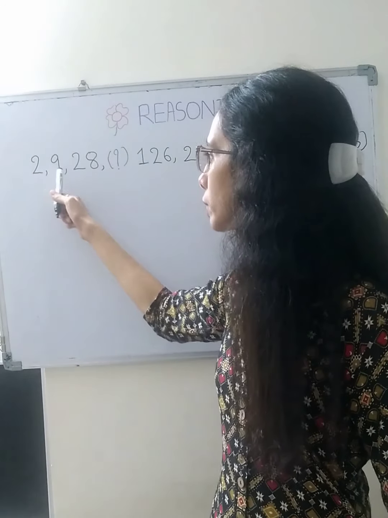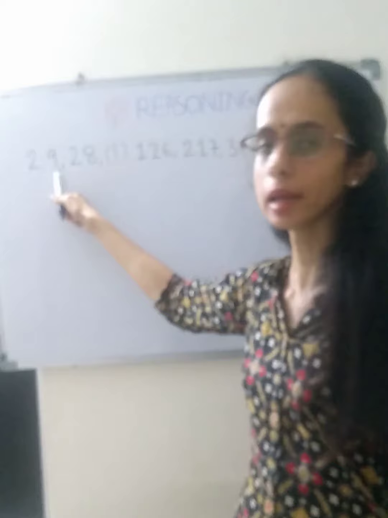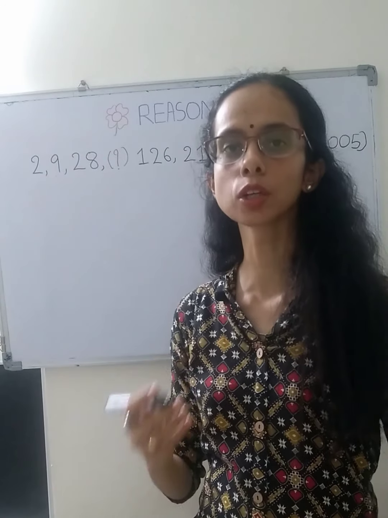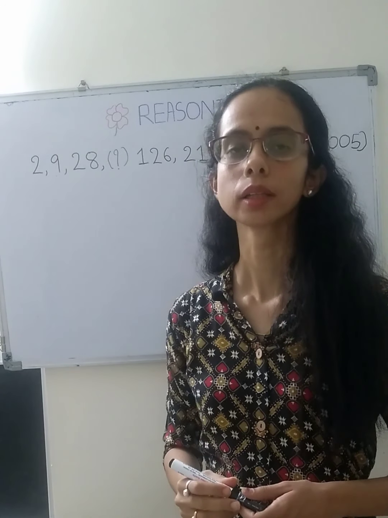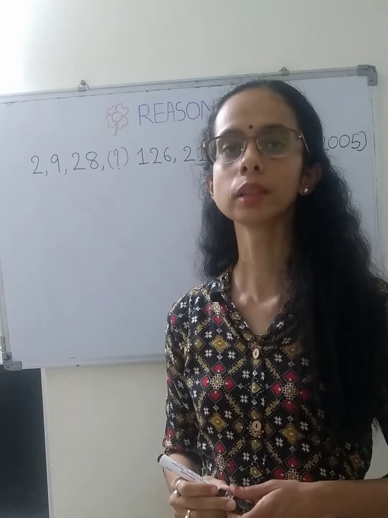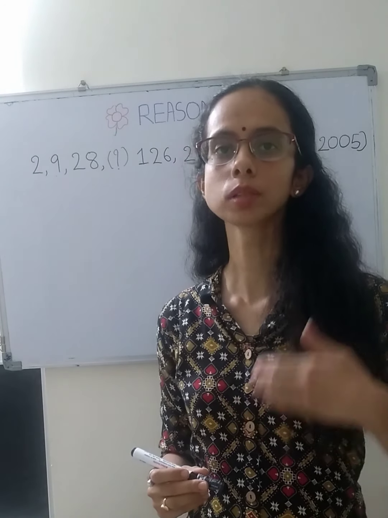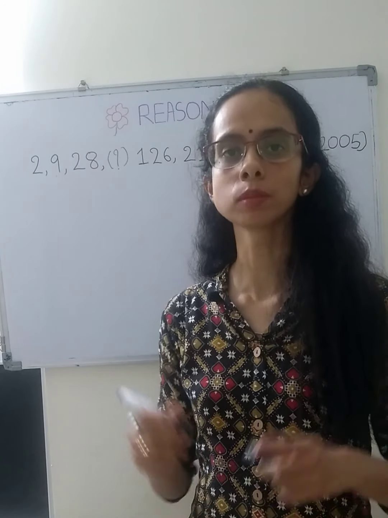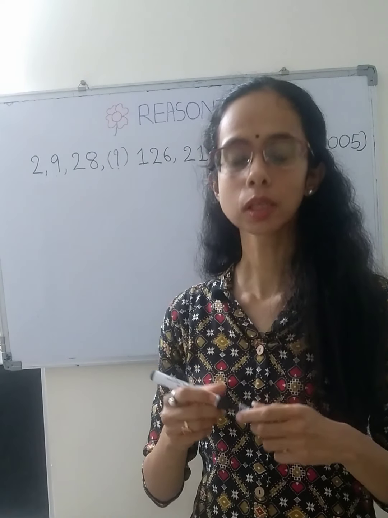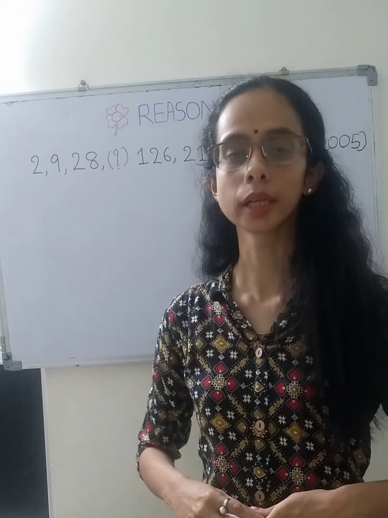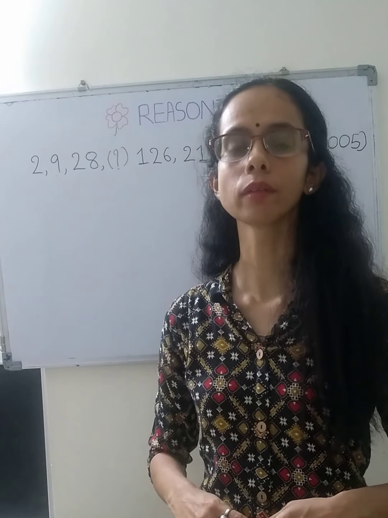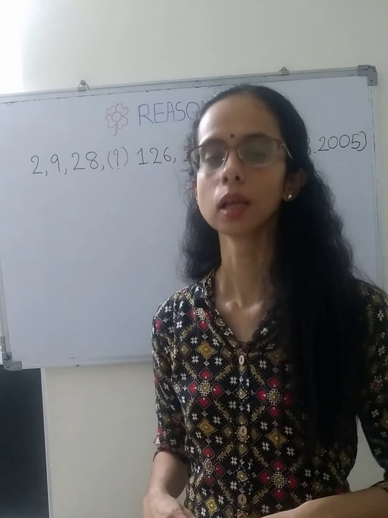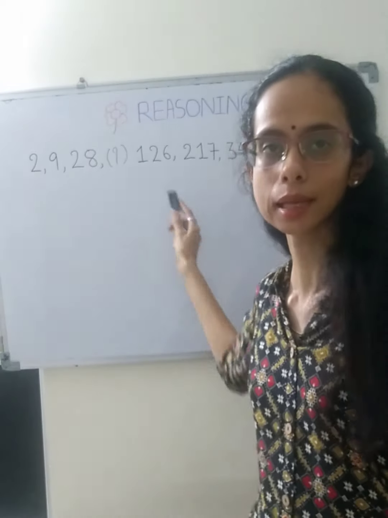When the consecutive terms of a series, like 2 and 9, and 9 and 28, form a new series, and the consecutive terms of that new series form a third series, that is known as a triangular pattern series because it forms the shape of a triangle. This continues until we get a uniform, or equal, difference between the consecutive terms of the previous series. Let's see how it works in this example.